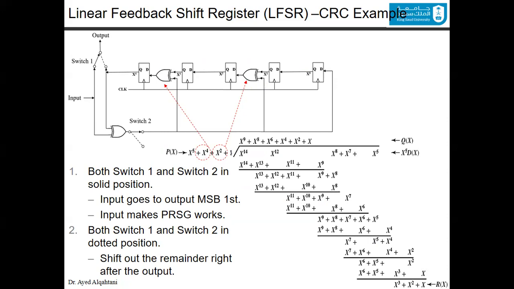So if the polynomial is 1 plus x to the power of 2 plus x to the power of 4 plus x to the power of 5, the powers of x give you information about the location of the XORs.